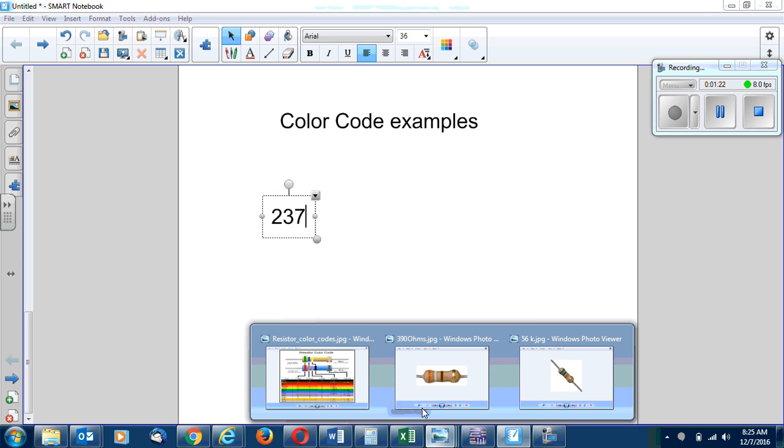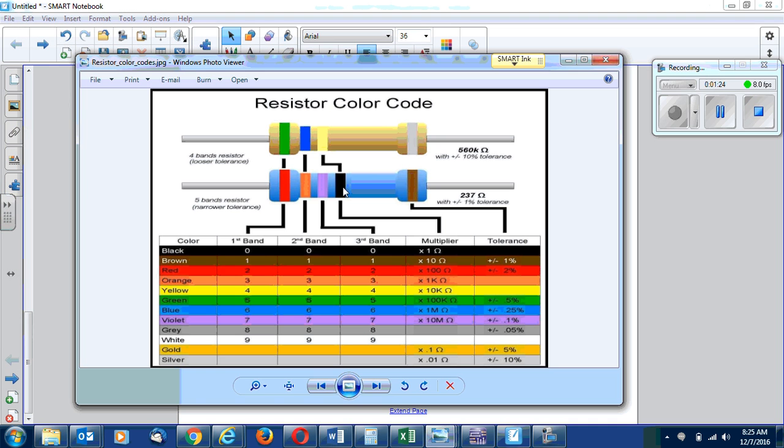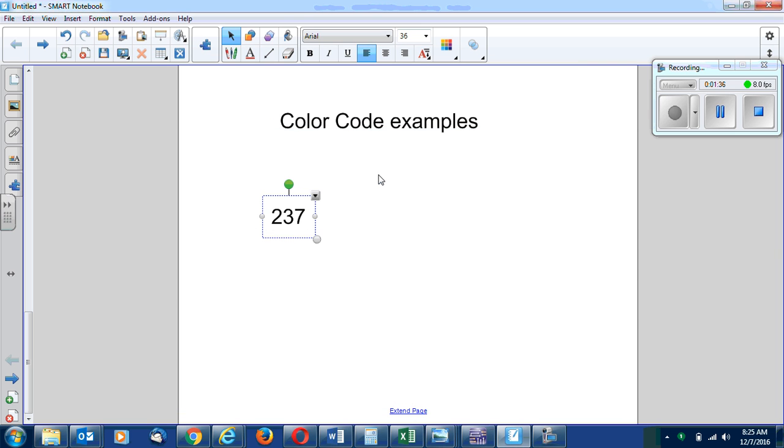And now I'm going to look at the next band. The fourth band in a 5-band resistor is the second to last band, so it's the multiplier. My multiplier is times 1 ohm. So that comes out to 237 ohms.